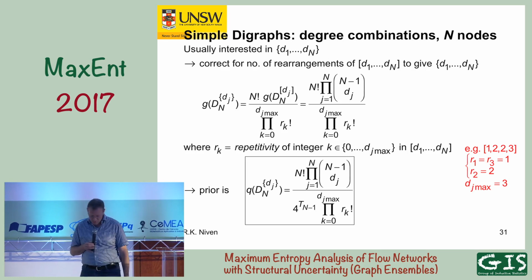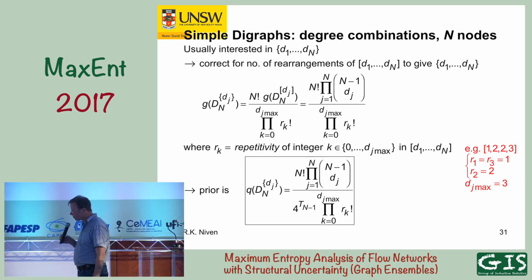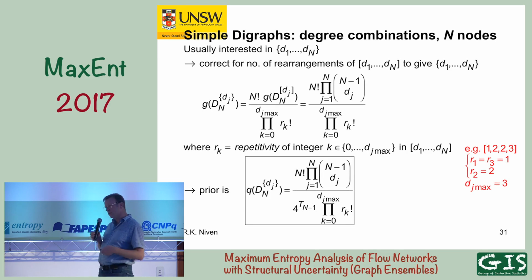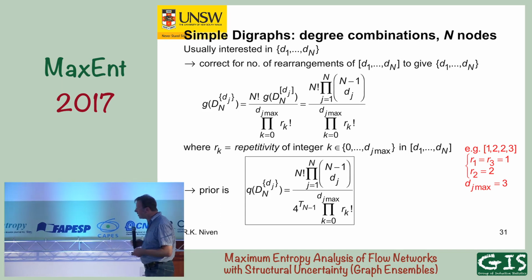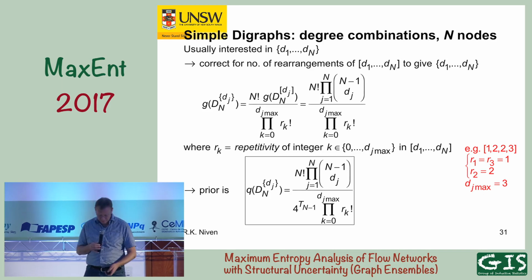Then you've got to do a few tricks if you're interested in degree combinations rather than permutations. You've got to do some accounting for numbers of possibilities. And one way of doing this, I'm not saying it's necessarily the only way, is if you consider your permutation here, then you consider the repetitivity of the integers in that permutation, and you've got to divide by the factorials of those repetitivities in order to do the accounting correctly.